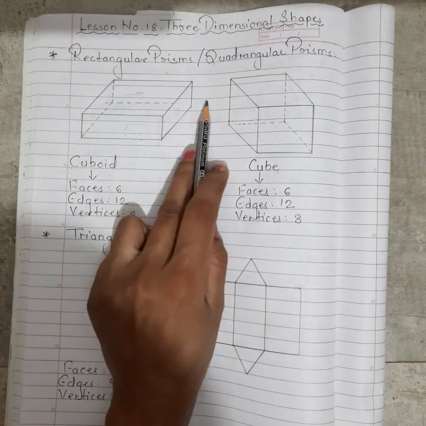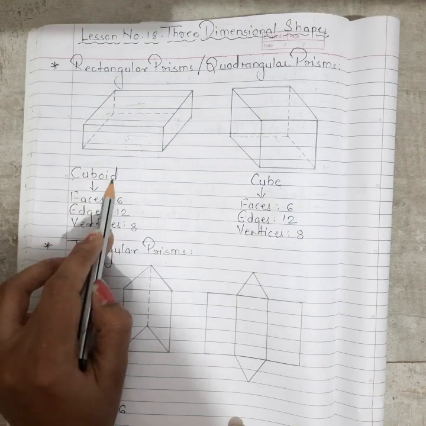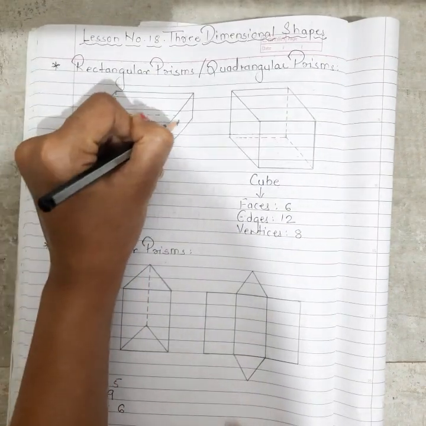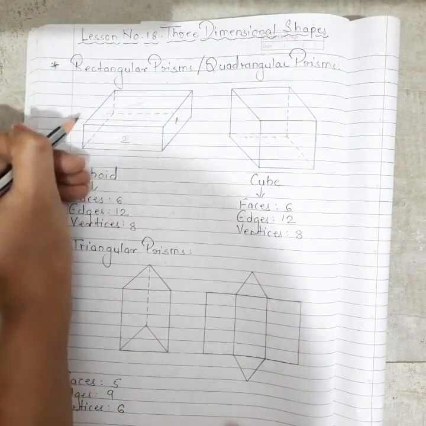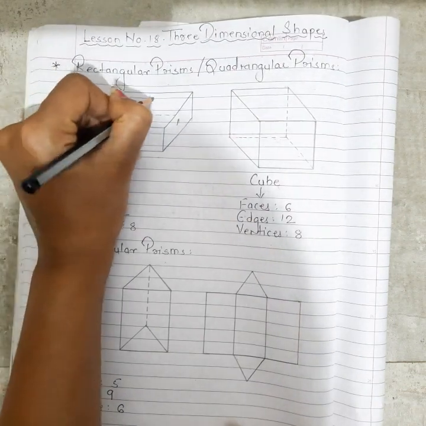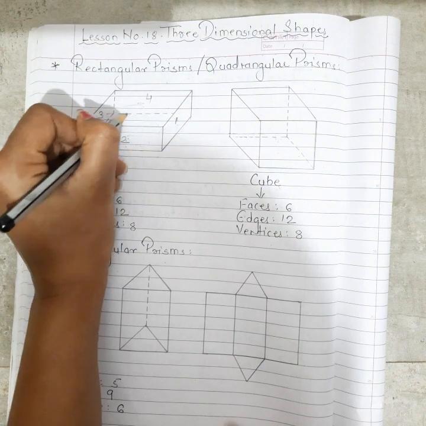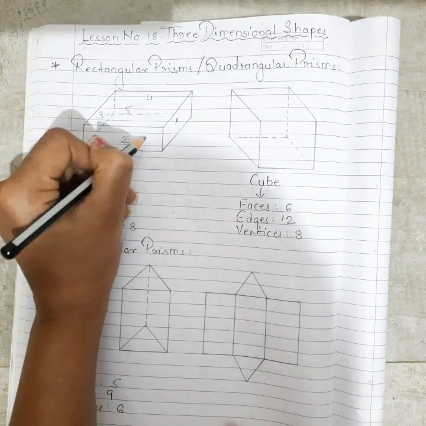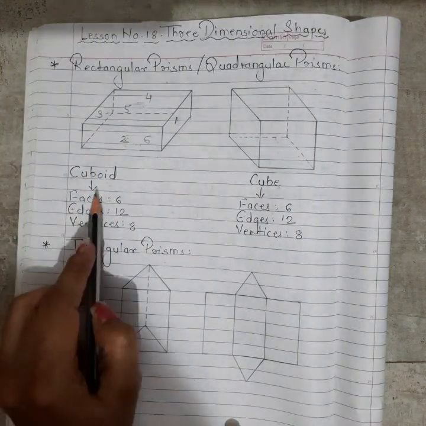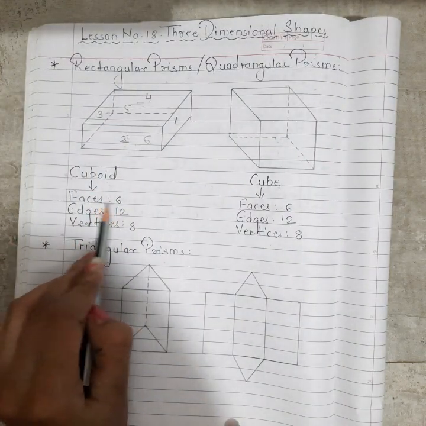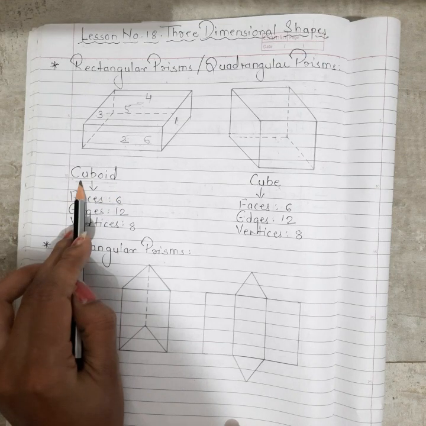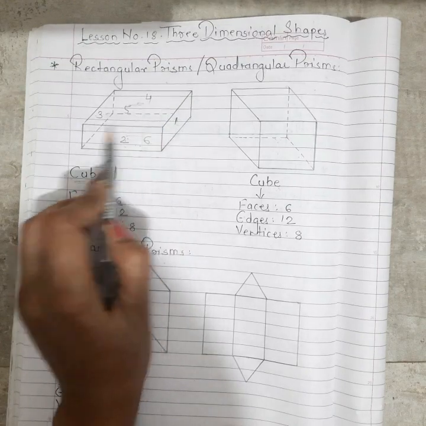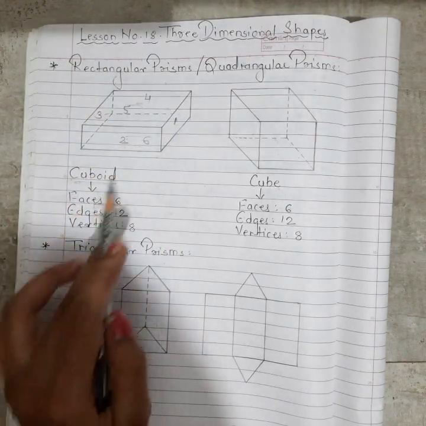Now, how many faces does a cuboid have? Six faces. If you count, see, this 1, 2, 3, 4, this top 5, and this bottom face 6. So there are a total of 6 faces. Now next, edges. Edges means the edges of the cuboid.